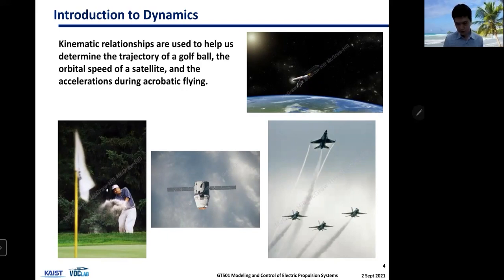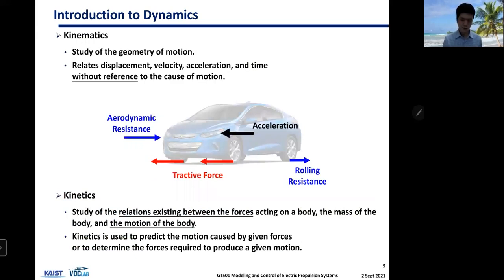These are just a few of the examples, but in reality, all kinds of things are in motion, and describing these motions is basically dynamics. And dynamics has two components: kinematics and kinetics.